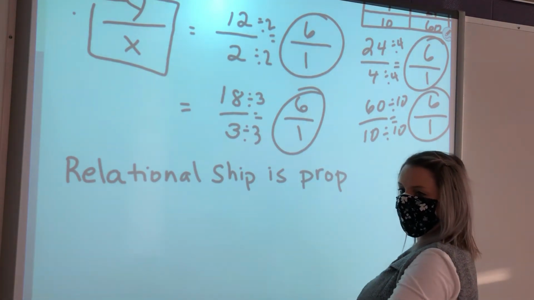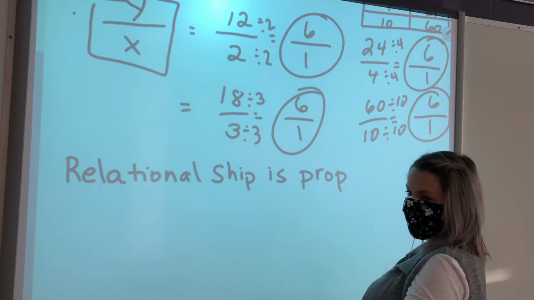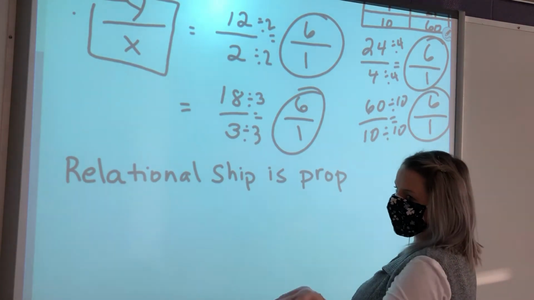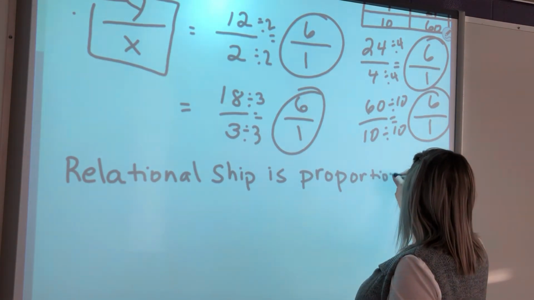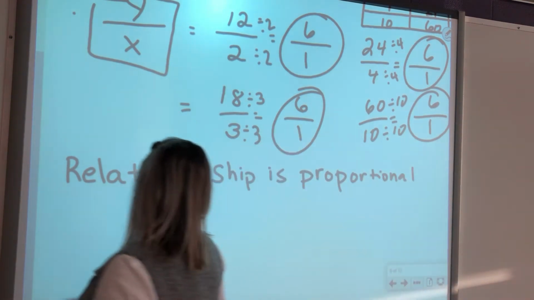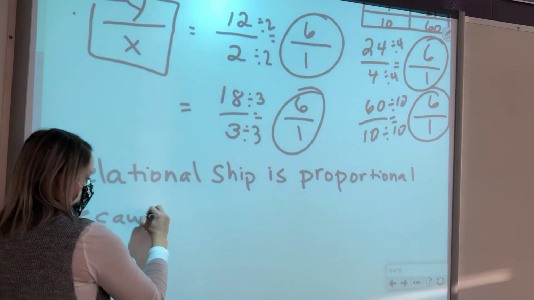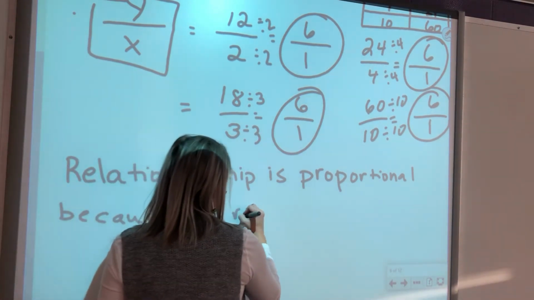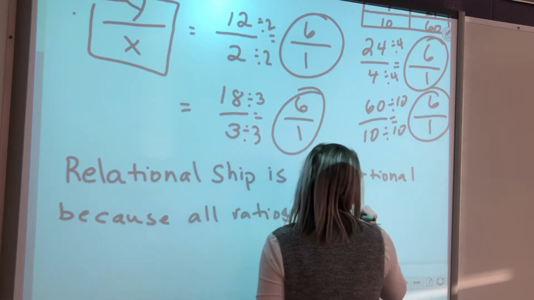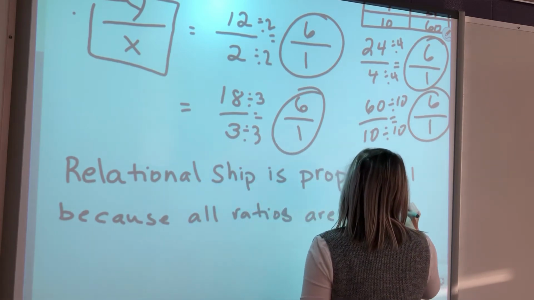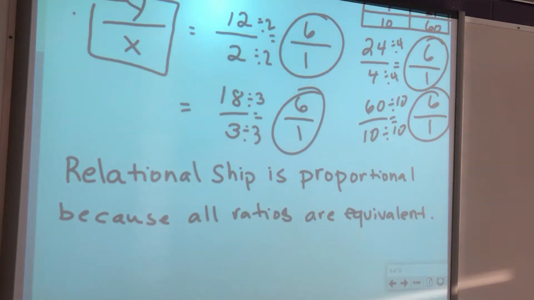So 6 times a million would be 6 million. And 6 million and a million have a common factor of 1 million, so it wouldn't take you forever. So this relationship is proportional because all ratios are equivalent. That's your explanation.